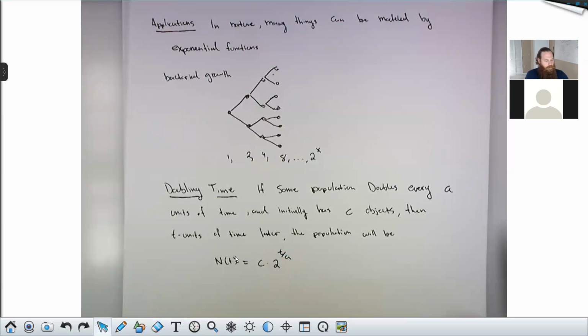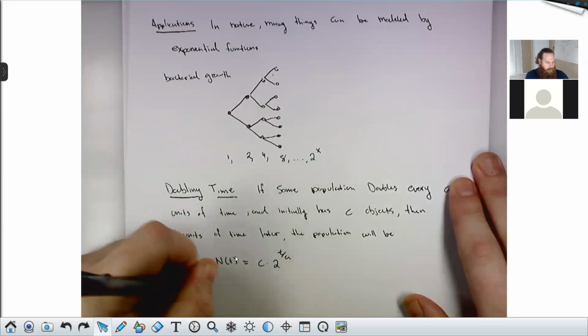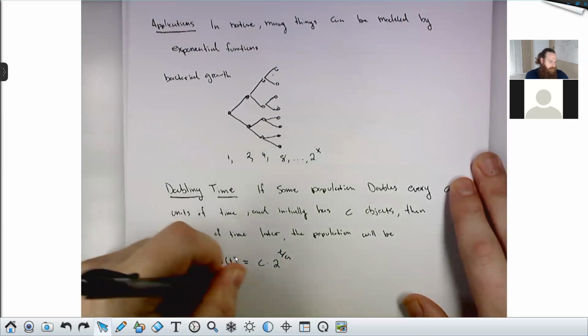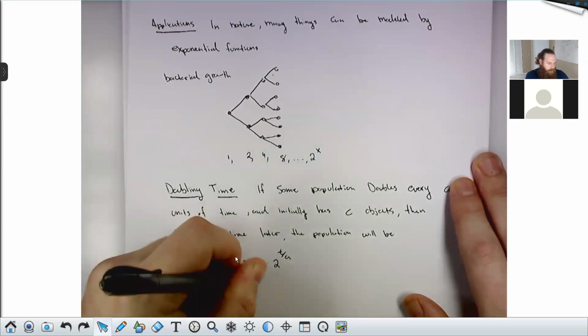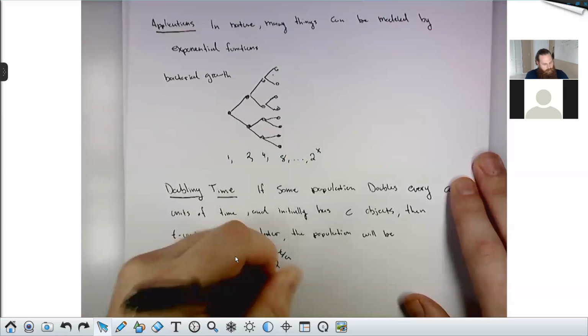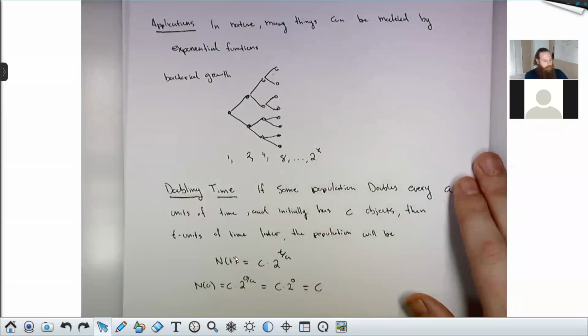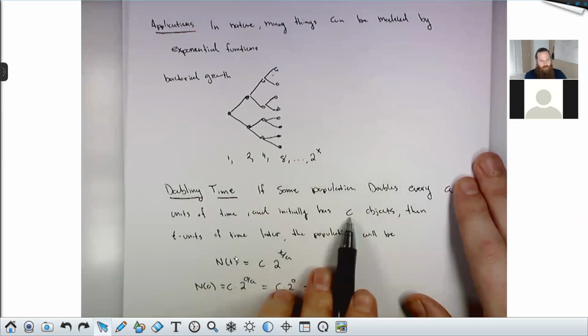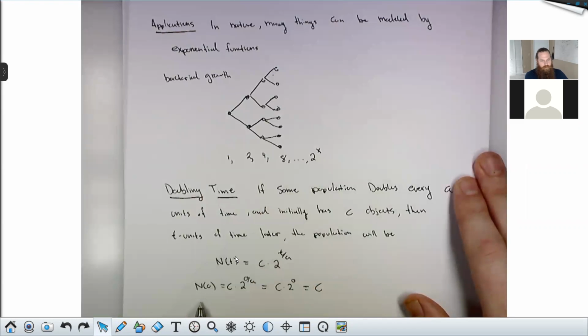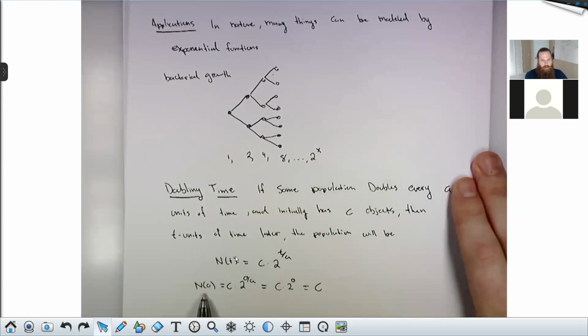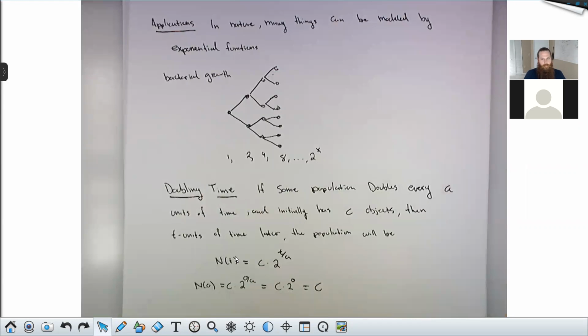N of 0 here would be C times 2 to the 0 over A, which is C times 2 to the 0, which is C. So that's why we say C is the initial population, because 0 units of time after we started counting, C is the output from this function.